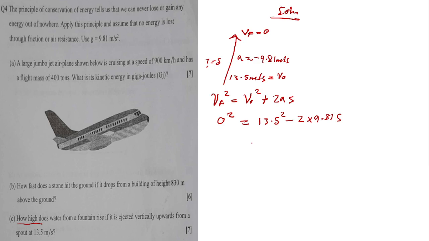After we do that, we can work on what 13.5 squared is, which is 13.5 times 13.5, and that is going to give us 0 is equal to 182.25 minus 2 times 9.81, and 2 times 9.81 is giving us 19.62 s.